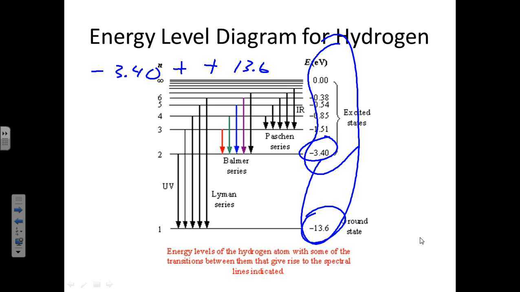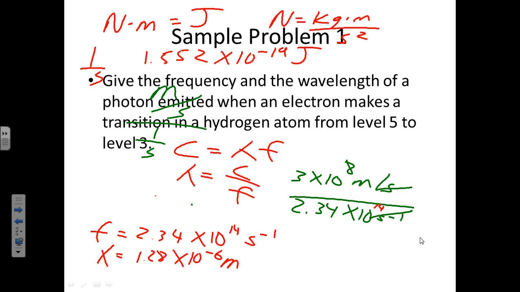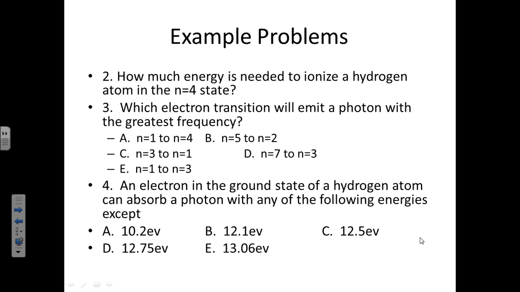And if the energy differences are big, what are you going to get? High frequency. High frequency means big energy. So something down to 1 is going to give us the highest frequency, right? Like I said, you could calculate each one out. But if you know that idea, when you're going from something down to 1, you're going to get a really high frequency. Should tell you C.